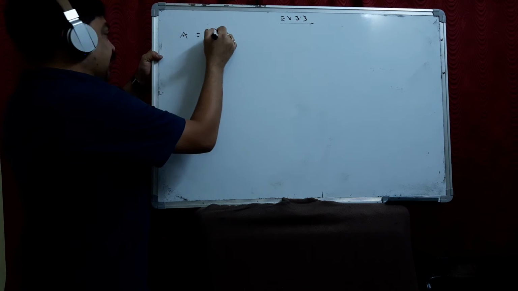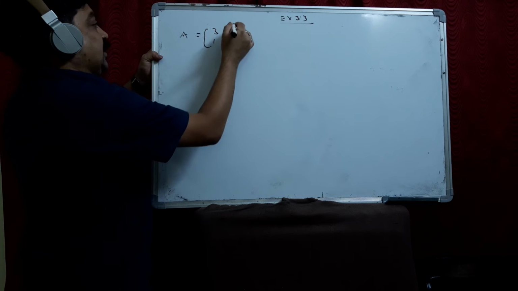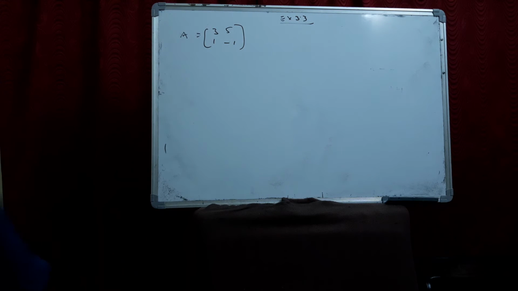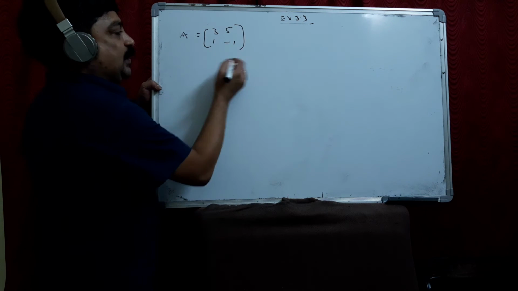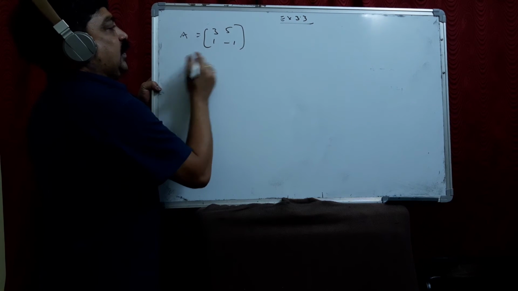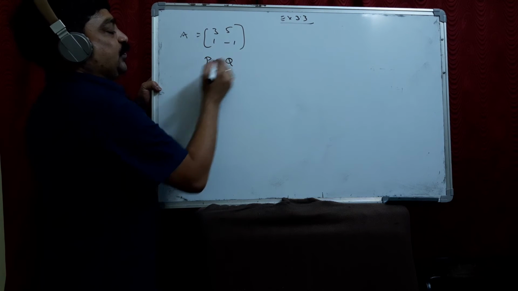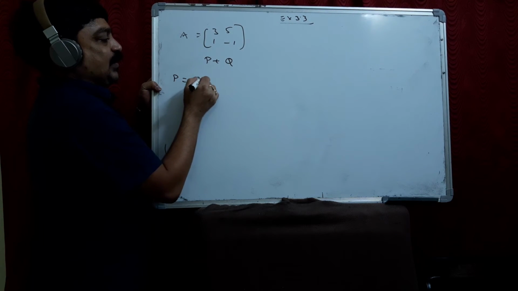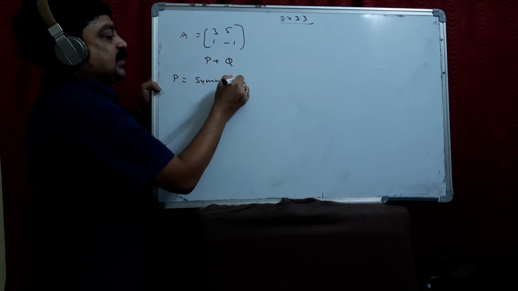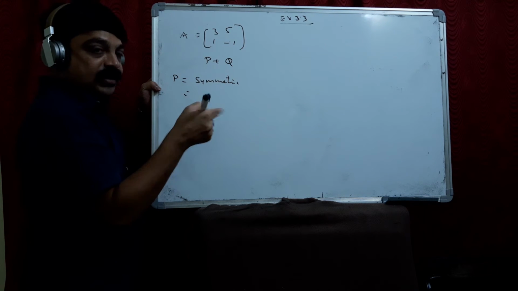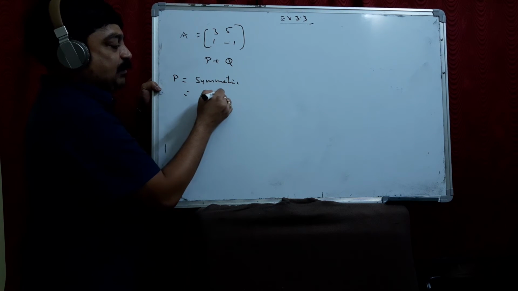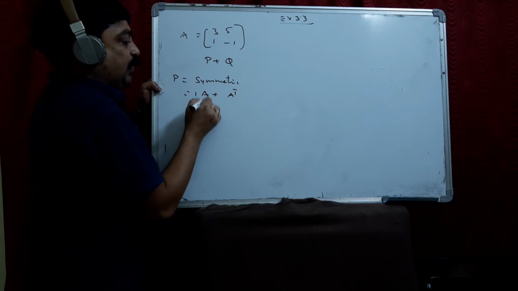Suppose it is given 3 5 1 minus 1 and we are asked to express this matrix as a sum of a symmetric and a skew symmetric matrix. Okay. P plus Q. A is equal to P plus Q. What is P? Symmetric. How a symmetric matrix can be taken, like how I proved in the video, it is A plus A transpose by 2.